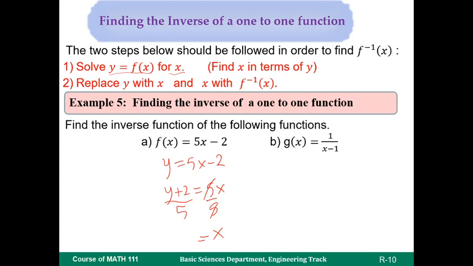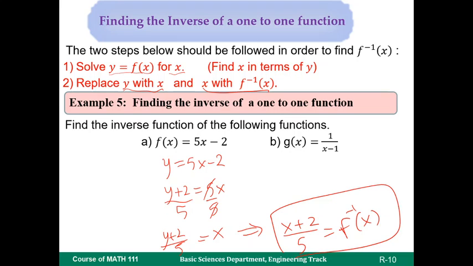We got x equal to y plus 2 over 5. Then replace y with x, so you will have this, and x with f inverse of x. So we get the inverse of f as x plus 2 over 5.